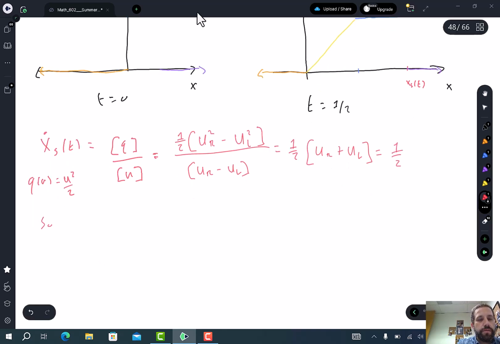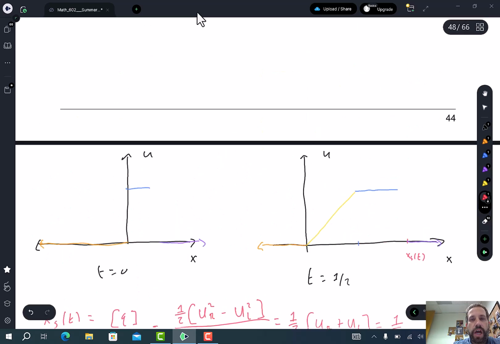So xs of t is equal to 1/2 t. So this is a curve in the xt plane. That's why we're using x and t. It's going to be 1/2 t plus some constant. But where does the shock first happen?